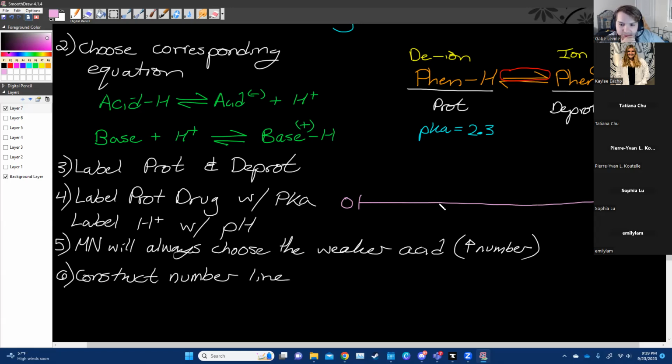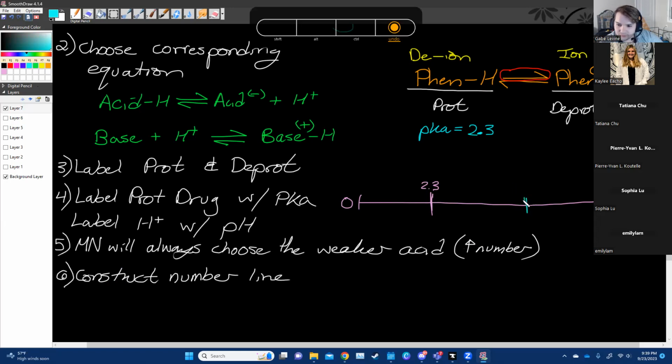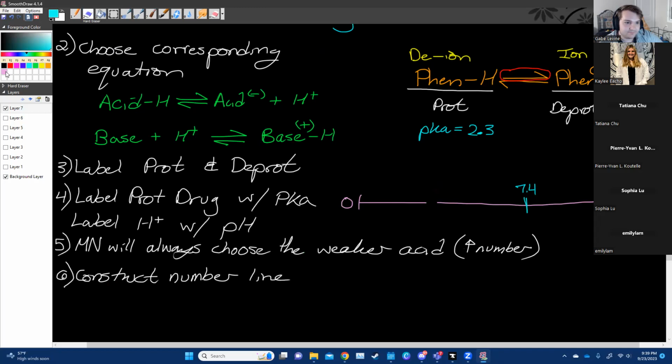And we can label in our pKa of 2.3. And we are going to label in our pH, 7.4. This thing would probably be further down.